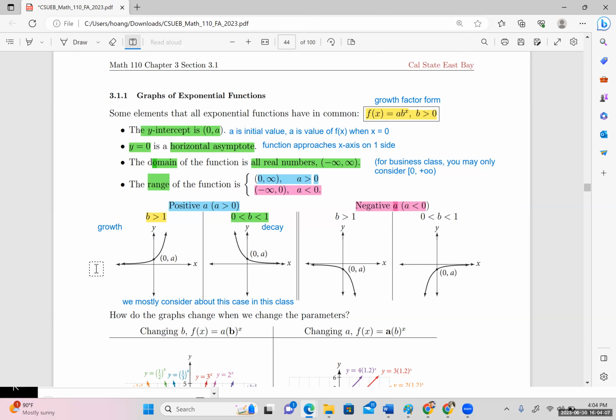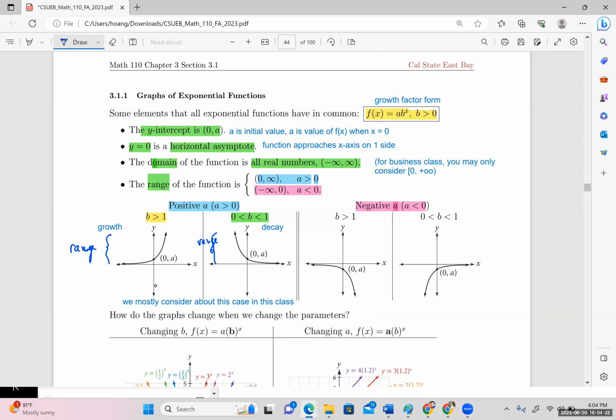Okay. And look at both of them, the range just comes from 0 to infinity. So look at the range here, right?